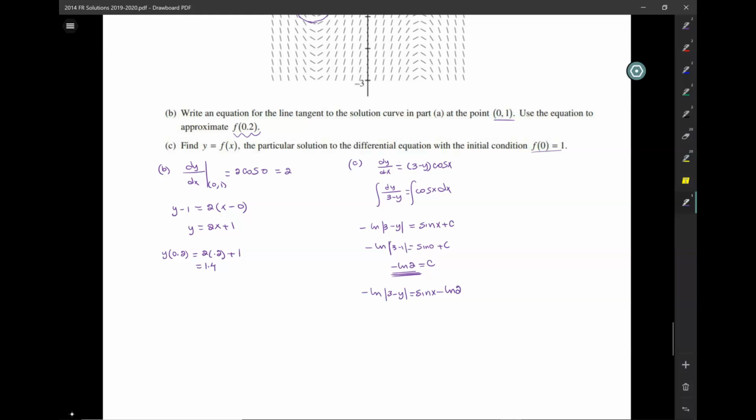Let's divide everything by a negative. So I have ln of 3 minus y is equal to positive ln of 2 minus sine x. Okay.